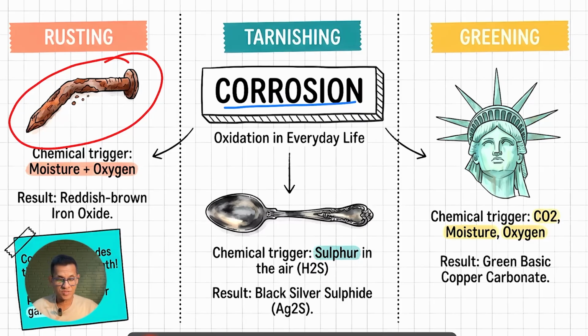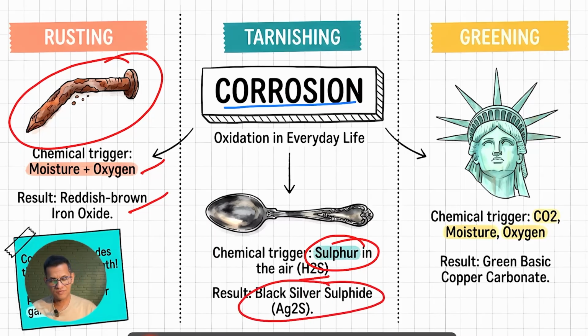So as I said, one of the best examples is rusting. Iron reacts with moisture and oxygen to form a reddish brown oxide, which is called rust basically. So rusting is an example of corrosion, remember that. Silver articles turn black if you expose them to atmosphere for a long period of time, because they react with sulfur in air, specifically hydrogen sulfide for example in air, and they form a black colored silver sulfide.